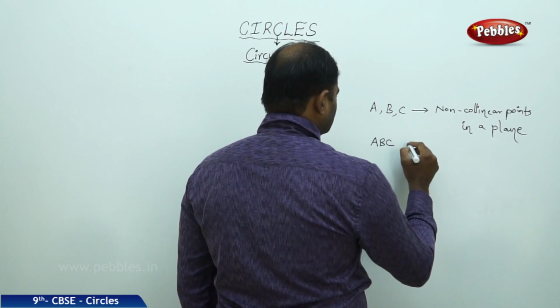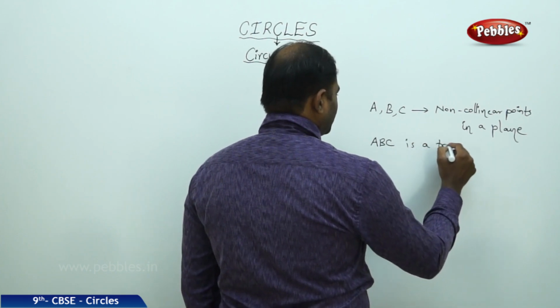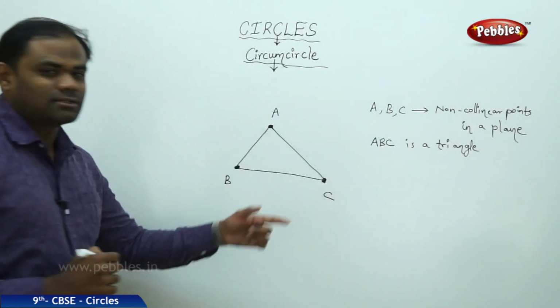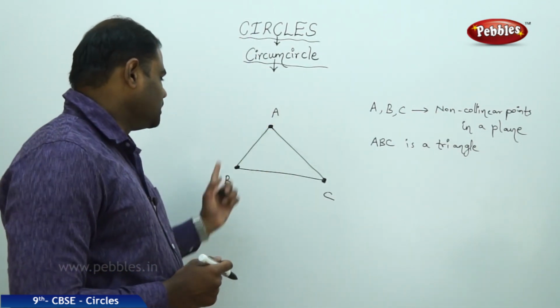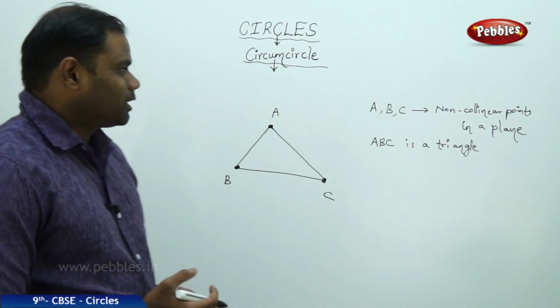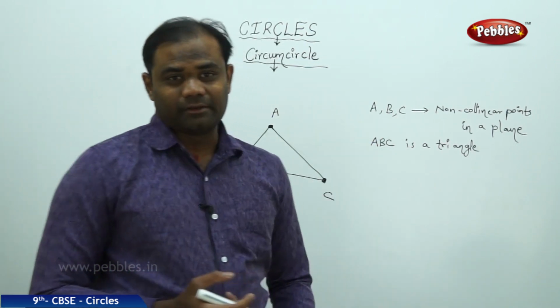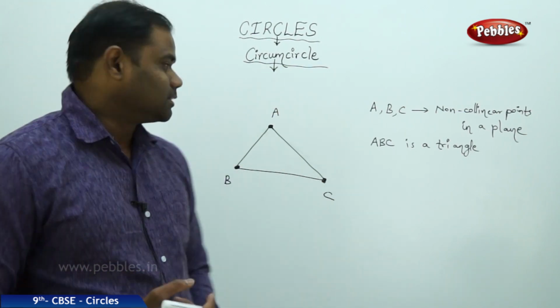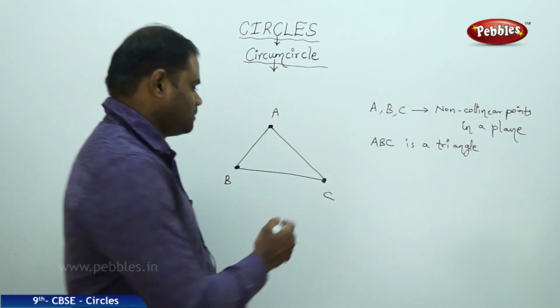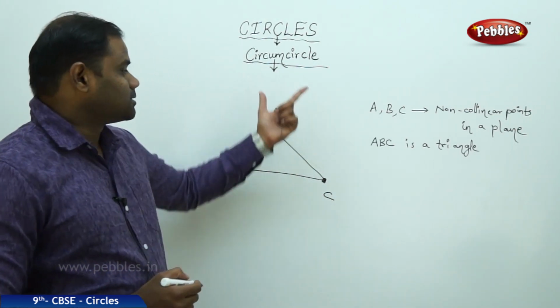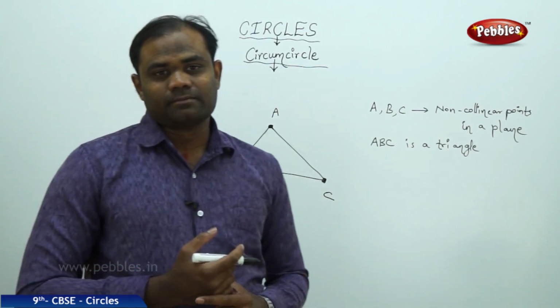ABC is a triangle when each of its vertices are joined, and we know that A, B, C are the vertices of the triangle. So for any 3 non-collinear points in a plane, when we join, we get a triangle through the 3 vertices A, B and C. Let's see how we define a circumcircle for this triangle.